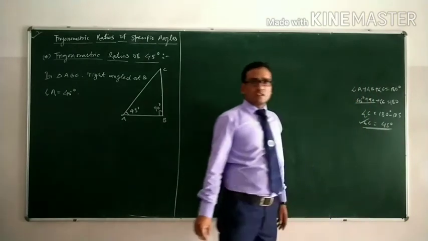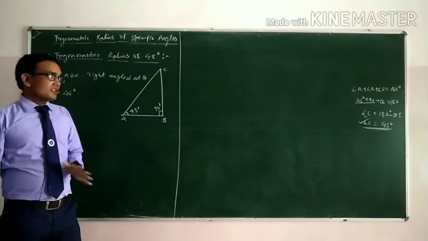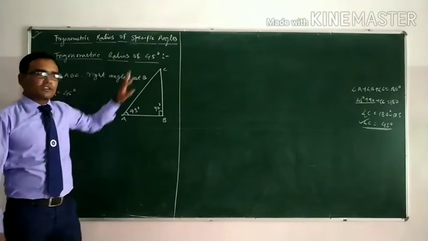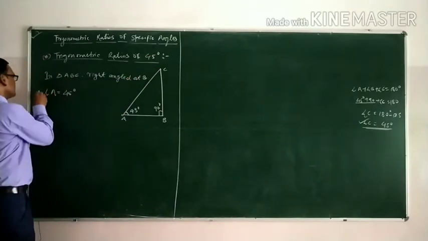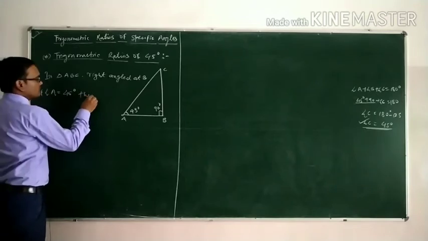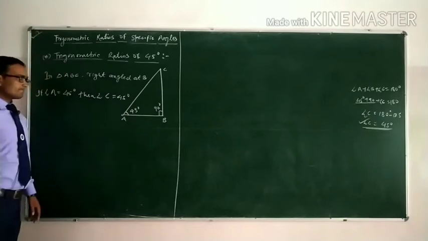Okay students, if angle A is 45 degree, then angle C is also 45 degree.